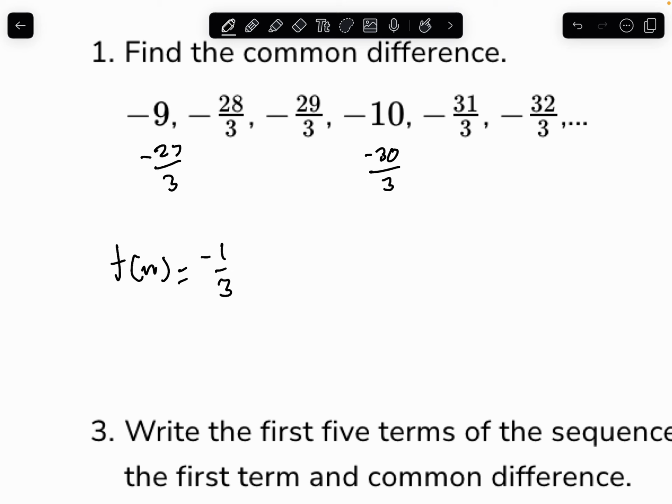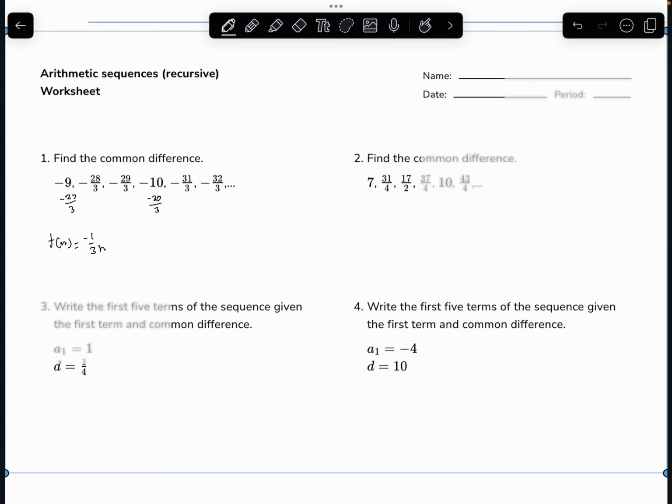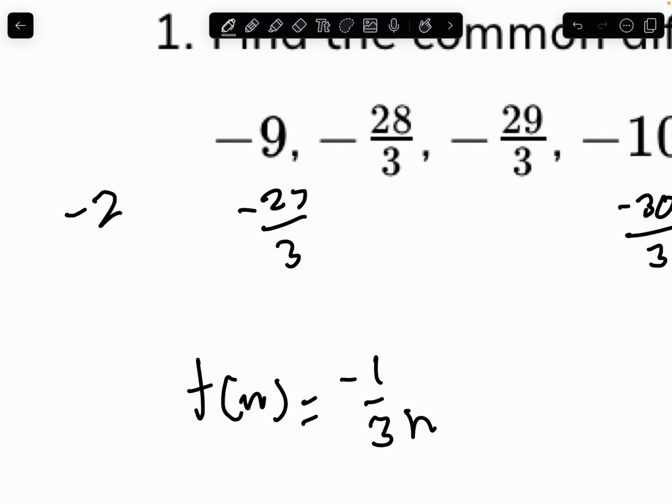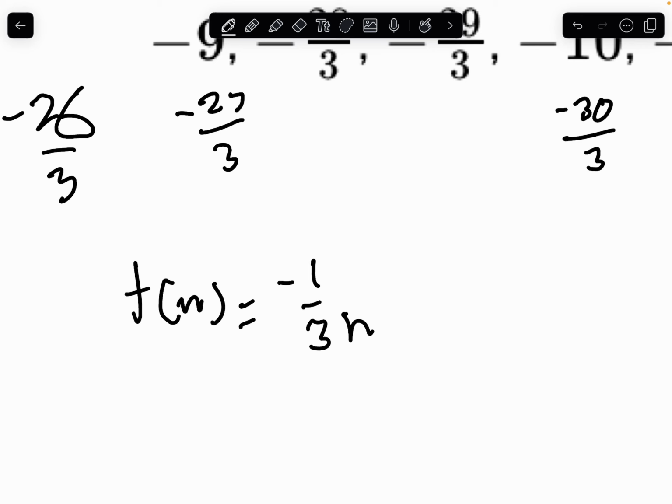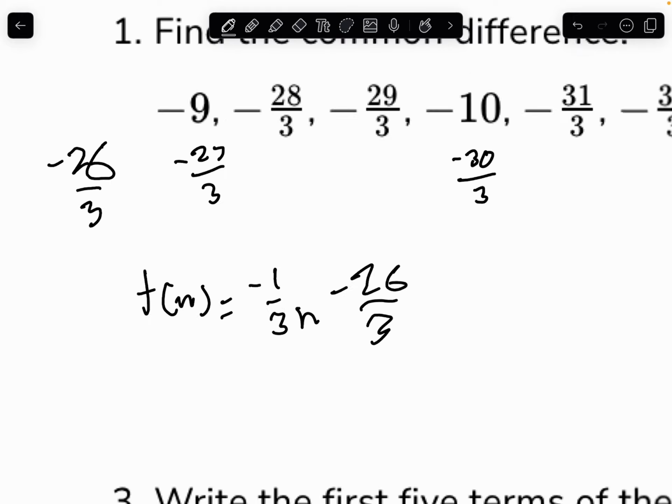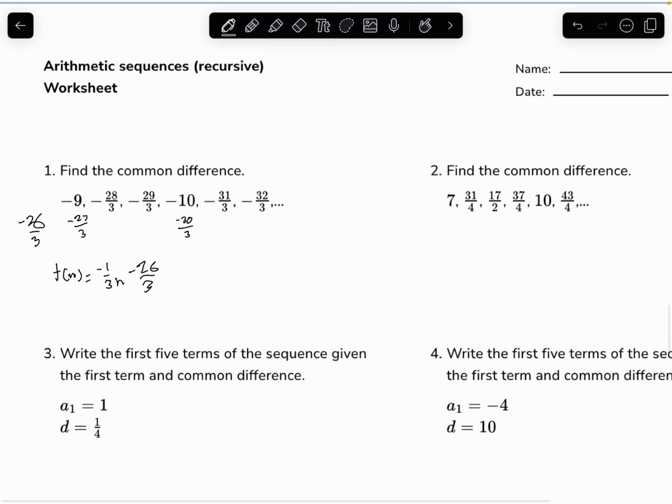It's basically y equals mx plus b, but it's just with different variables. So our slope is -1/3 n, and then our first term is -9. So if we go one term back, we go to -26 over 3, right? Because we add 1/3. So our y-intercept in this case is -26 over 3. So that's our arithmetic equation for that problem.